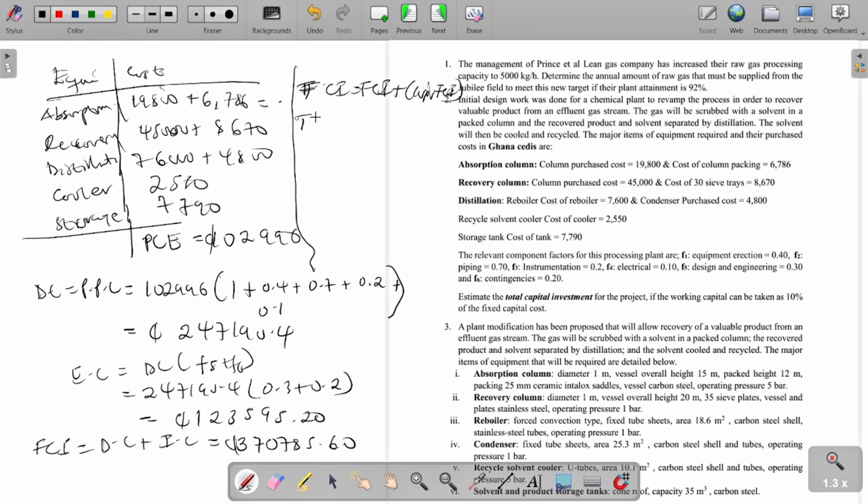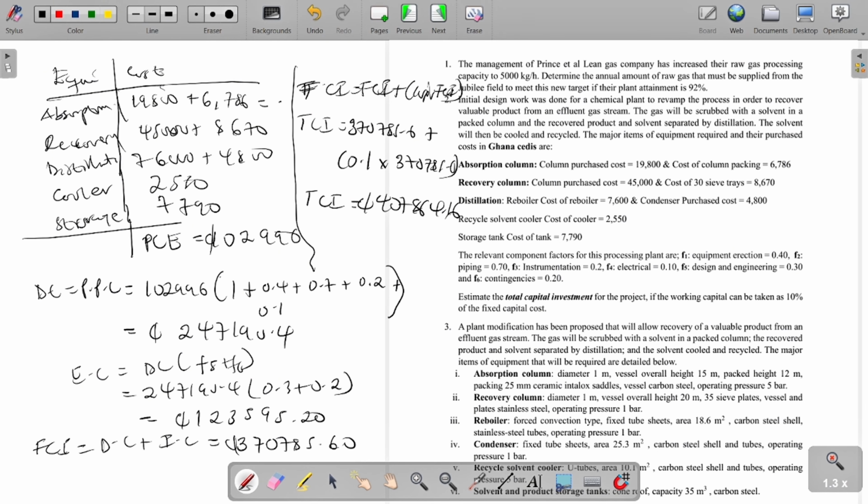So the TCI becomes the FCI, which is 370,785.6, plus 0.1 times 370,785.6. This gives me a total capital investment of 407,864.16. So that's the total capital investment, which is what the question asks us to evaluate.